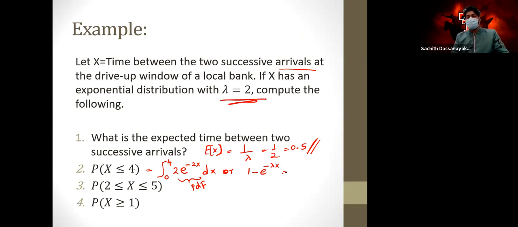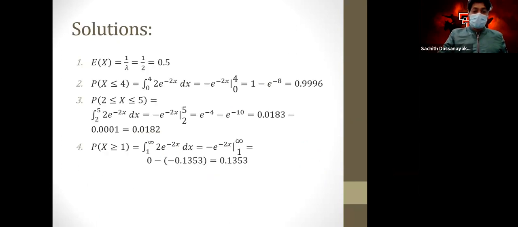Only thing you have to do is plug in the values. So 1 minus e to the power negative lambda, which means 2, times x, x is 4. So in between 2 and 4 there is a multiplication. So 1 minus e to the power negative 8, right? So you have to use your calculators and do this job. Okay, clear? I'll show you the answers in the next slide.